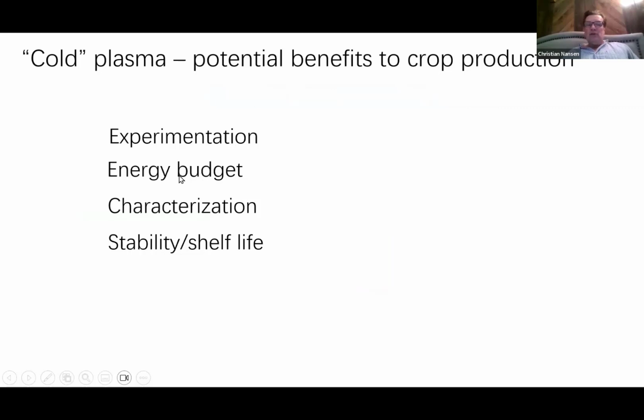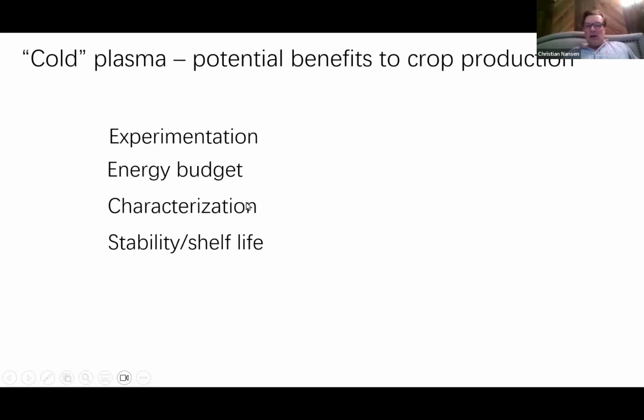We are looking into the energy. Now, because Bruno is joining us, we have a third cold plasma system. There's one in my lab, there's one in George's lab in Minnesota, and then there is the third one coming out of Bruno's lab. And we are doing characterization of the water, which is very, very useful.